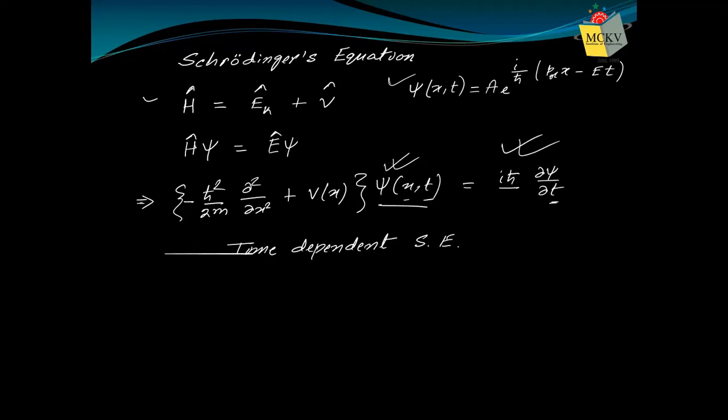That means we need to use the separation of variable technique. The rule British imposed on us, divide and rule. We'll use that divide and rule. We'll divide x or space from time. How will you do that? So that technique is called separation of variables.